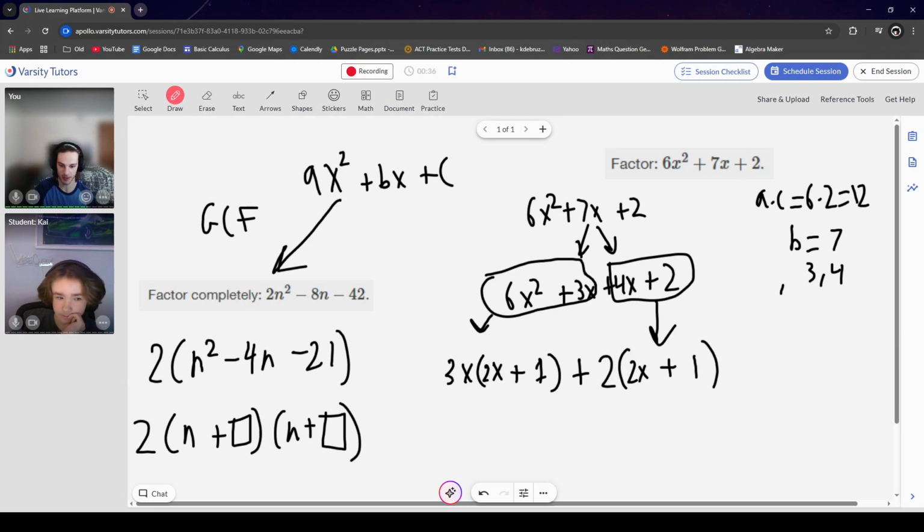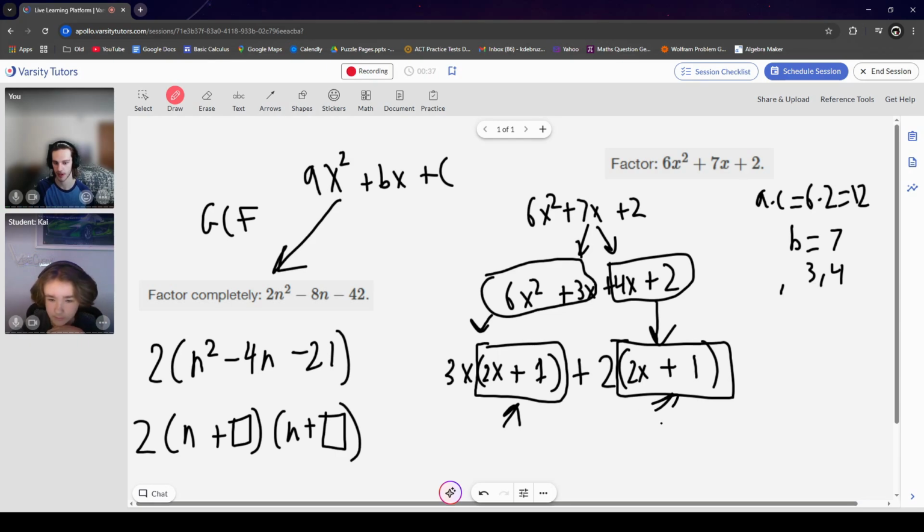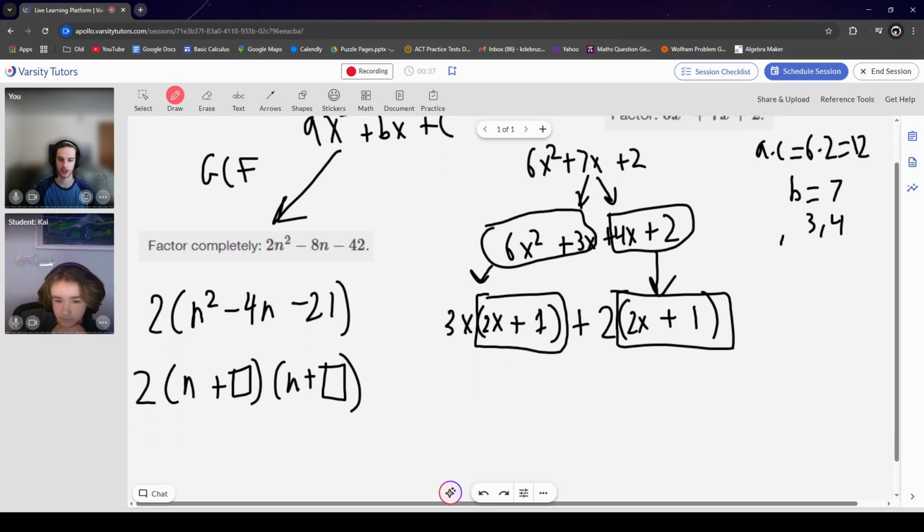And the last step is to recognize that these two things are shared between each other. So in the same way that we've been factoring out numbers, we can factor out whole expressions. Basically, these two things are shared, so we'll pull out 2x plus 1.